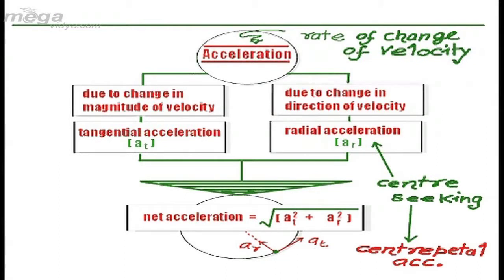Now I want to show you how to get these two accelerations from the data given about a particle moving around a circle. First of all, we talk about tangential acceleration.